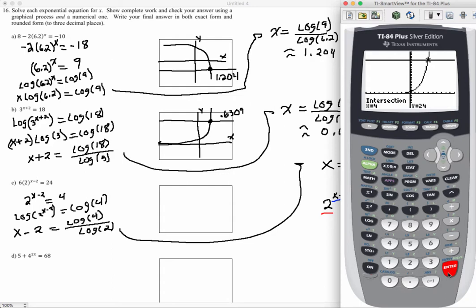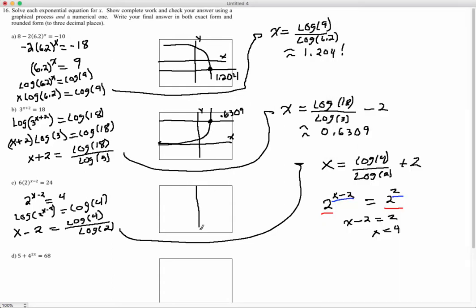And boom, we got x equals 4 again. Okay, so we want to give a somewhat accurate sketch of that here also. And we see that x was equal to 4 here. Put an x and a y in there so I know which one was the x-axis and which one was your horizontal line.